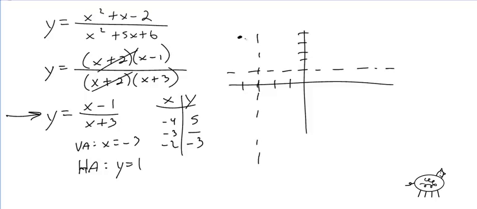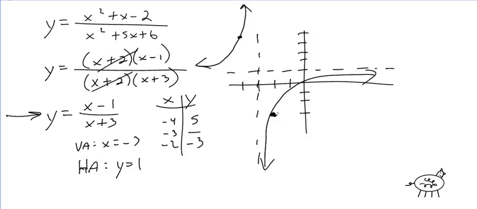It's up here. And negative 2, negative 3 is here. So what my graph looks like is this and this. Oops, I missed the point that I plotted. All right.